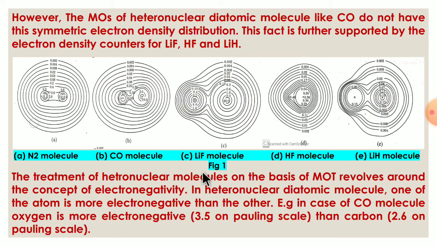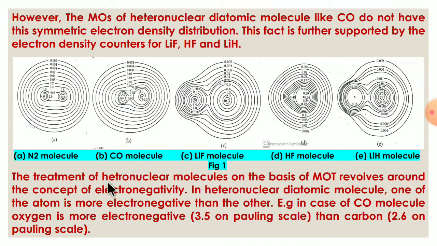The same happens in the case of LiF, HF and LiH because the fluorine atom is more electronegative than Li in LiF, whereas fluorine is more electronegative than hydrogen in HF, while the hydrogen atom is more electronegative than the lithium atom in the LiH molecule.